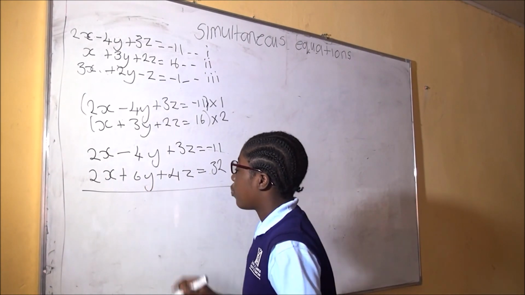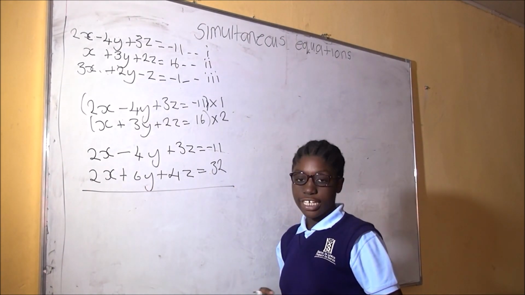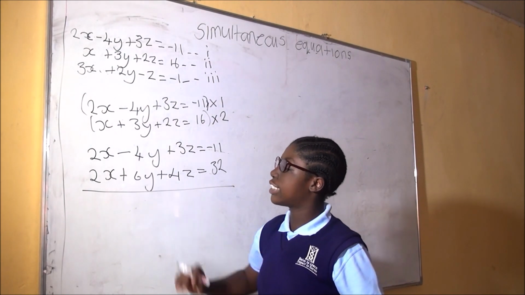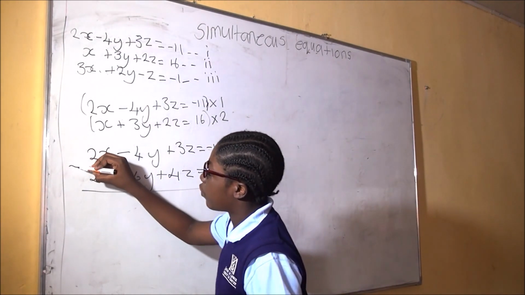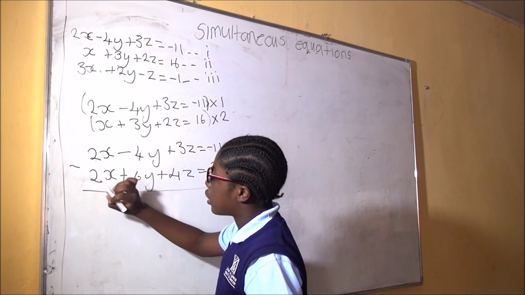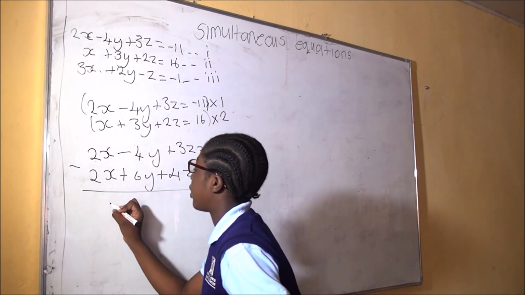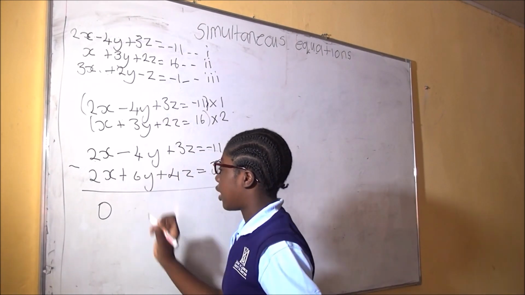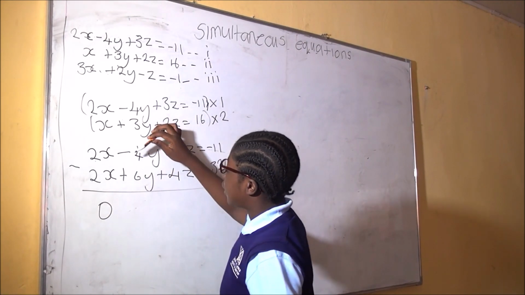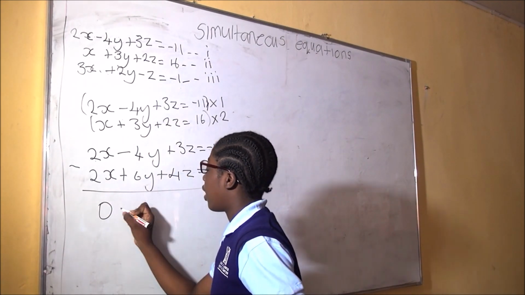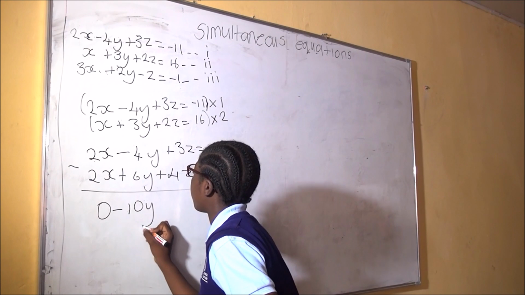So here by looking, we can eliminate x. We need to find the sign we can use to eliminate x, which is a negative. When we subtract, 2x minus 2x gives us 0. So we've eliminated one variable, which is x. Negative 4 minus 6, we're going to have negative 10y.